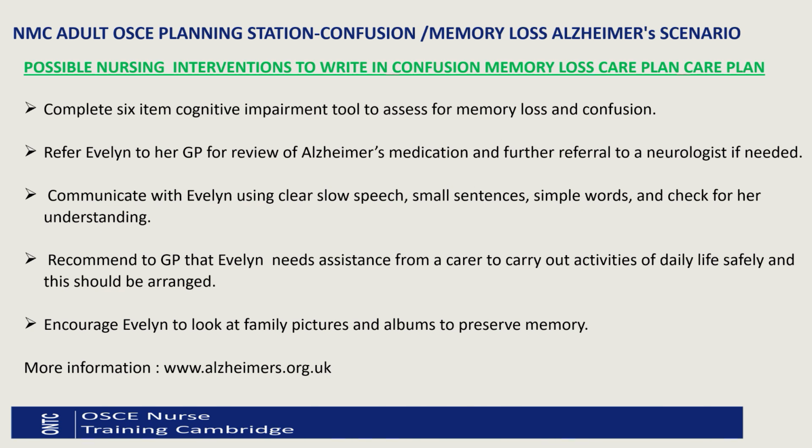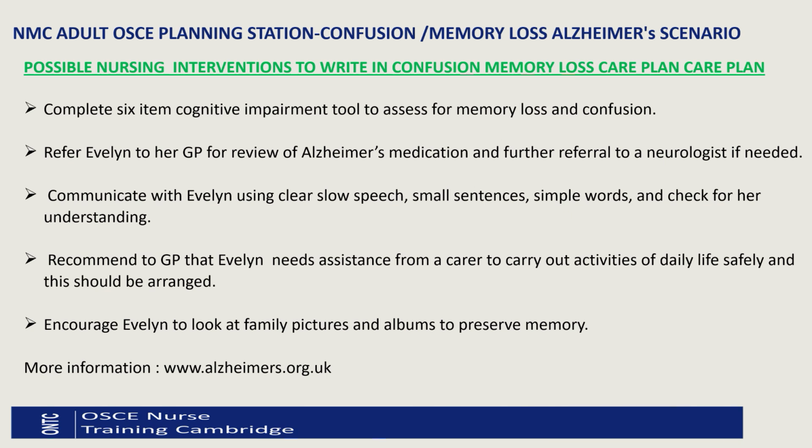Next one could be to recommend to the GP that the patient needs assistance from a carer to carry out activities of daily living, because from the planning template and the assessment station, this patient is finding it very difficult to complete them. They need extra assistance, especially if the patient is still based at home. If the patient is in a care home, you will ask the care home staff to give her additional help.